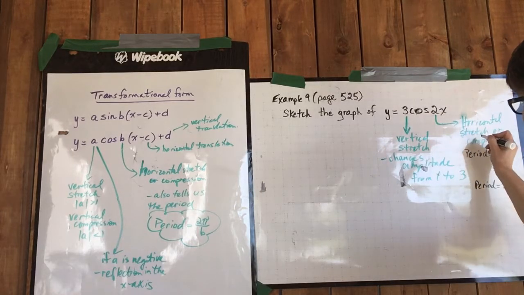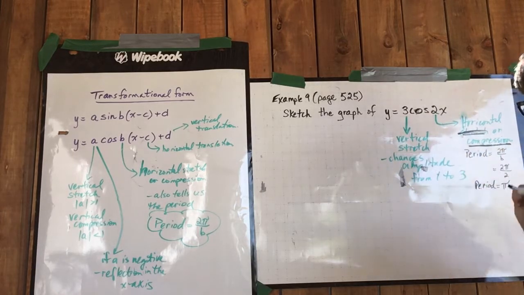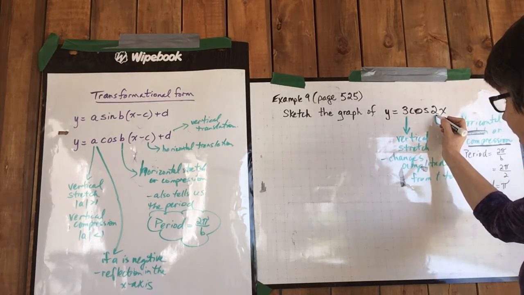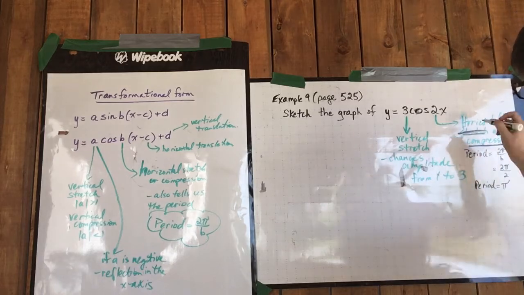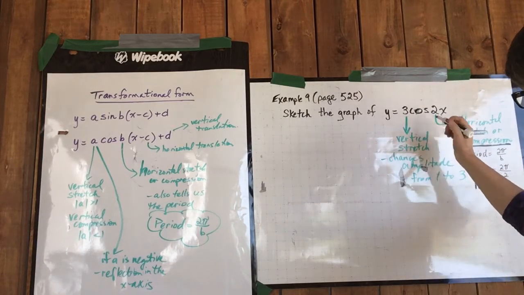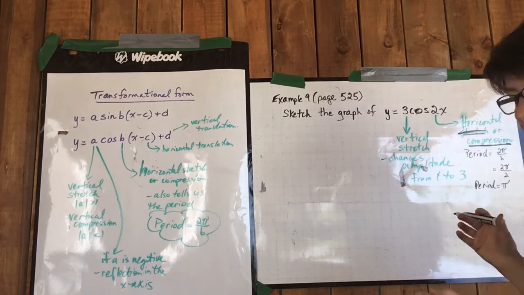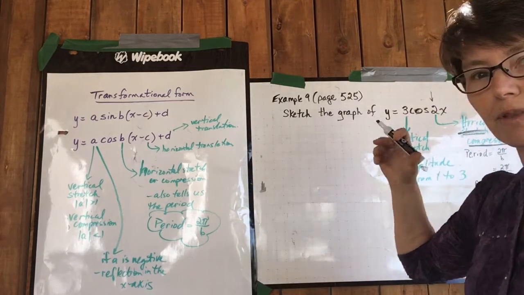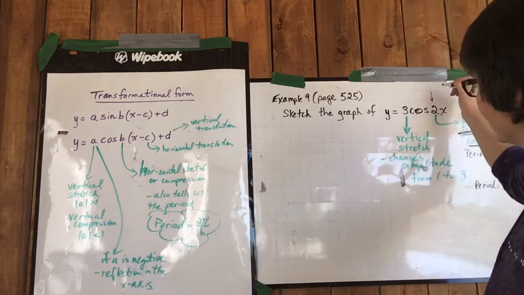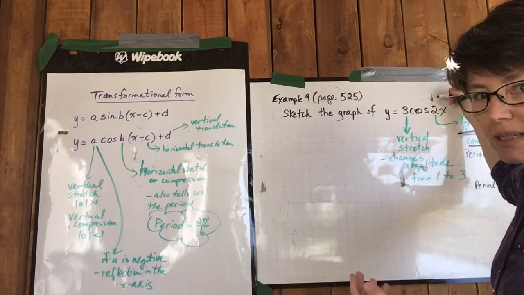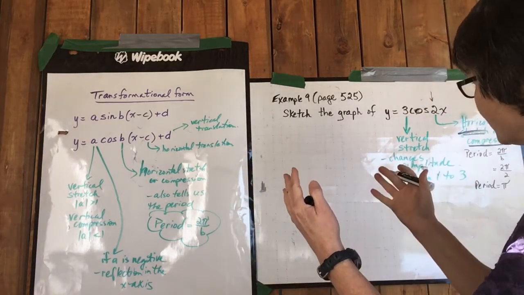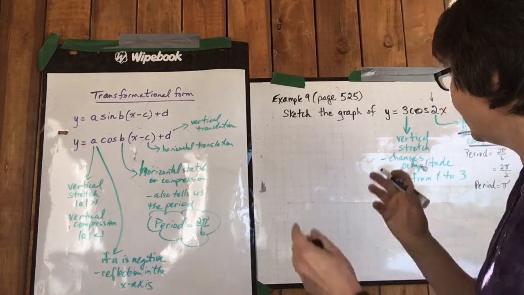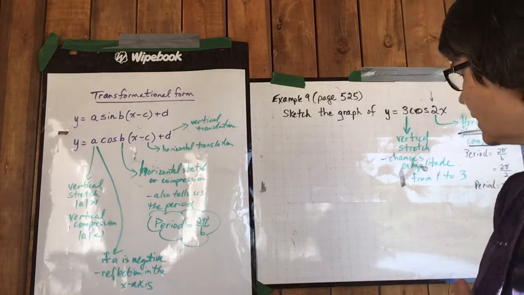Notice that this number b was bigger than 1, and when that's a value bigger than 1, it's a horizontal compression. It means that wherever there was 1 period before, there are going to be 2 periods in that same length of time. Or you can think of it as the period shrinking. The period is now only pi instead of 2 pi, so it's a shorter length period.